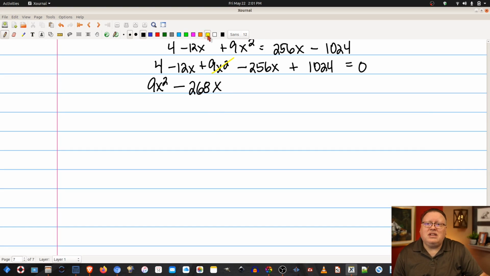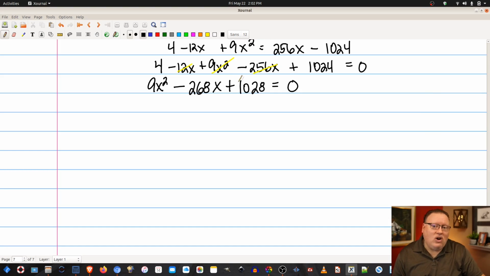So that means I've taken care of my 12x and my 256x. And now I have one last sum, which is 1024 and 4, which is going to be 1028. So plus 1028 equal to 0. Okay.